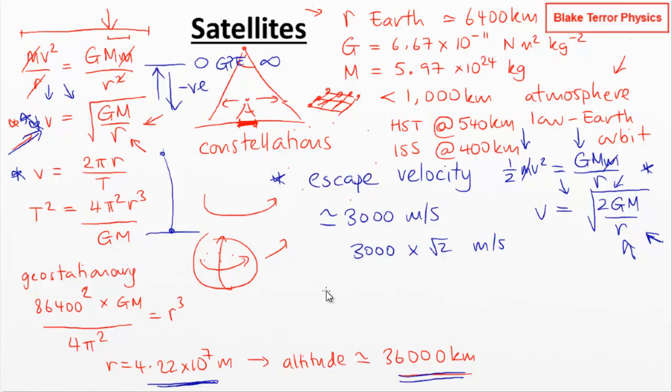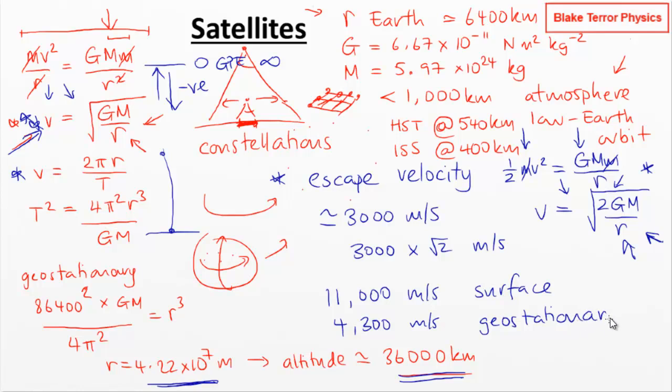At the surface it's around about 11,000 meters per second, but from the geostationary orbit point it's going to be about, I don't know, 4,300, something like that, meters per second.